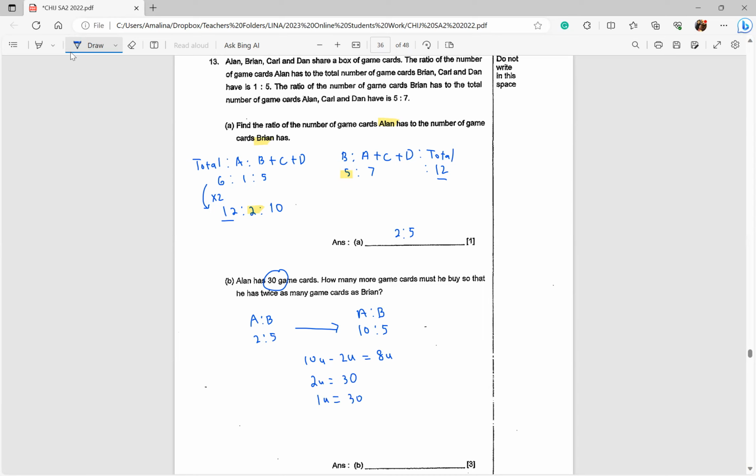So 30 divided by 2, I get 15. And I want to find for 8 units. Okay, so 8 units means 8 times your 15. I get 120. So he has to purchase 120 more game cards.